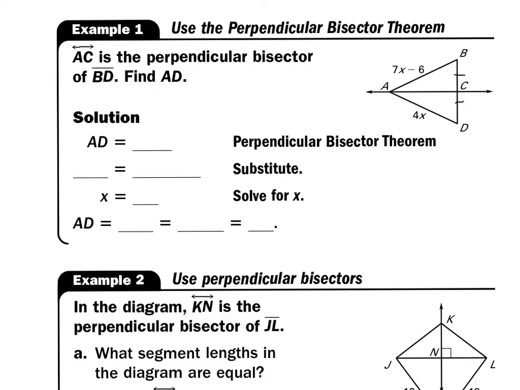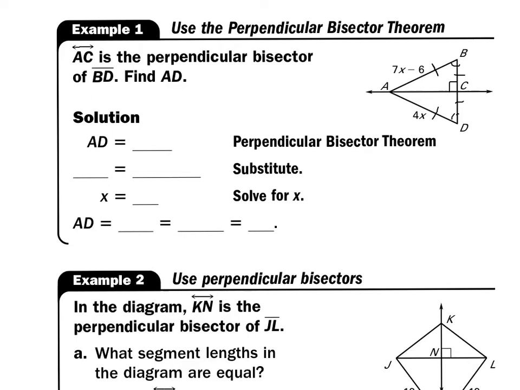The word perpendicular comes from the right angle here, so we can draw on a right angle. Now, we also know from the perpendicular bisector theorem that this will equal that. And if you think back a chapter, since this is isosceles, we know that these two base angles are also going to be alike. So, just by knowing the perpendicular bisector, we can tell a whole bunch of things about these triangles.